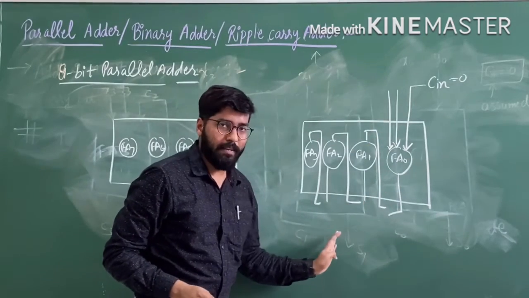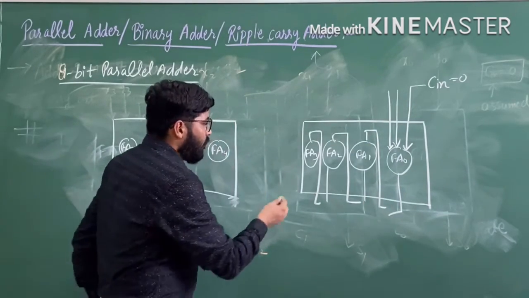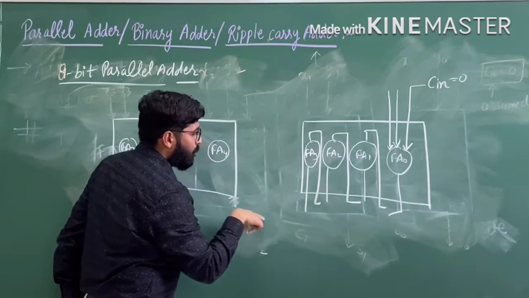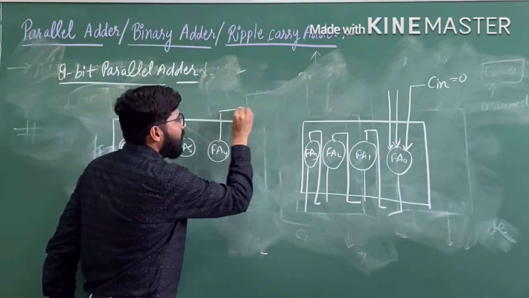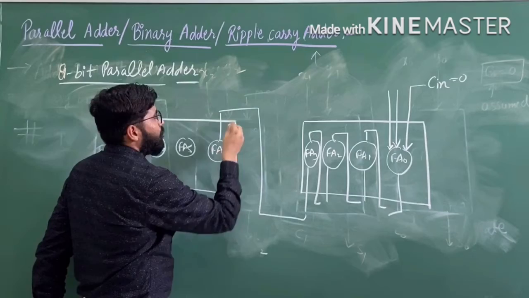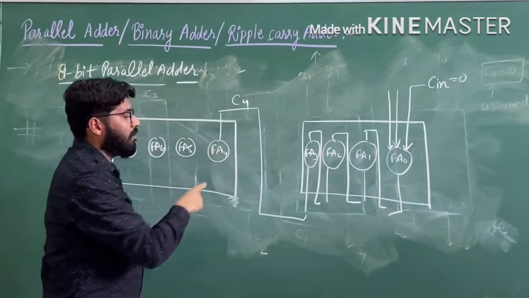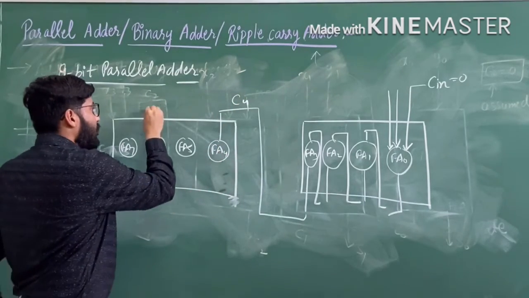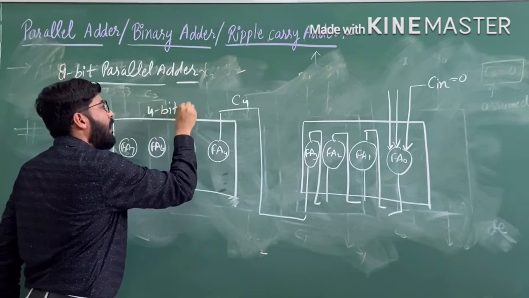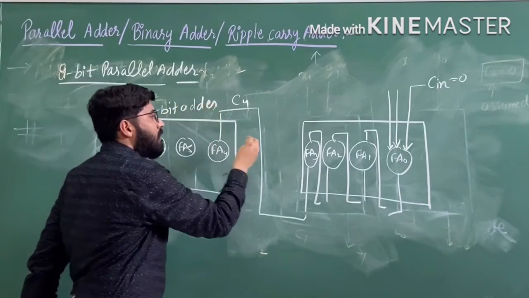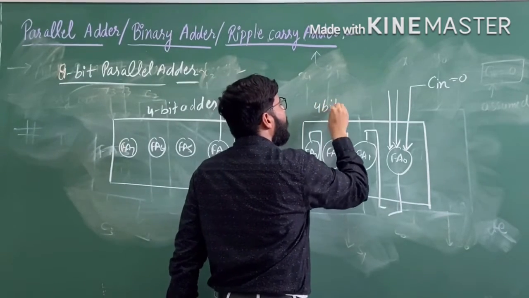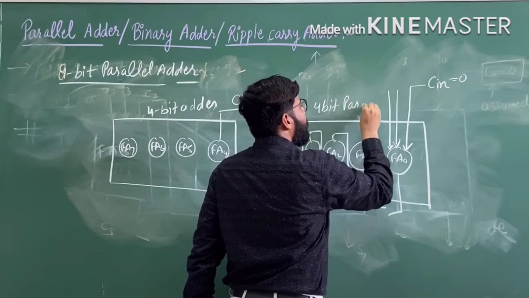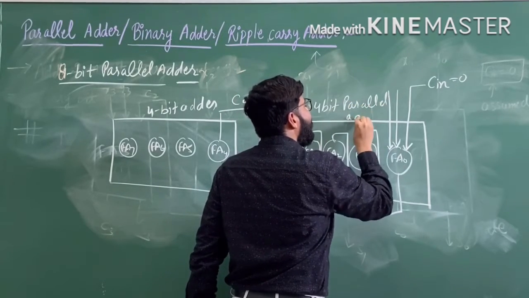Now the carry that propagates from this is added to this 4-bit parallel adder. Suppose the carry is C4, this C4 goes to FA4, and this is also a 4-bit parallel adder. Okay, so this is it.